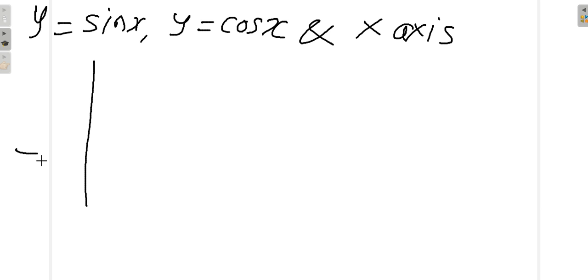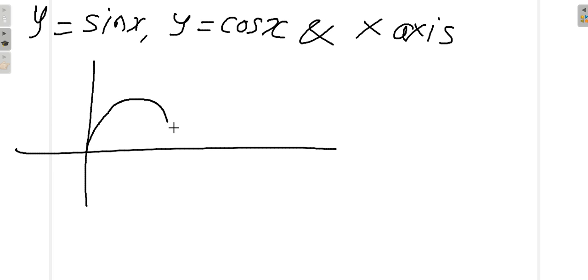So let's see the situation. This is the curve y equal to sin x. You know at x equal to pi by 4, both sin and cos are the same. So y equal to cos x will pass like this.